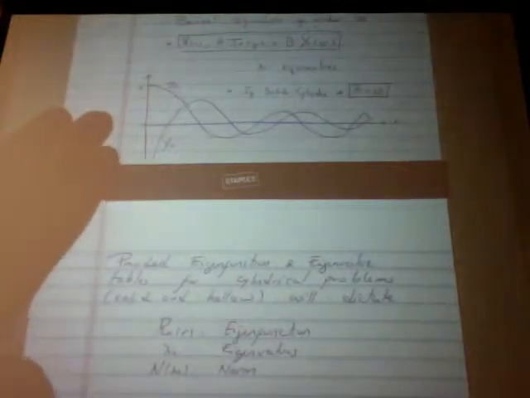And the norms are also different depending on what kind, 1, 2, or 3, of boundary condition. Okay?